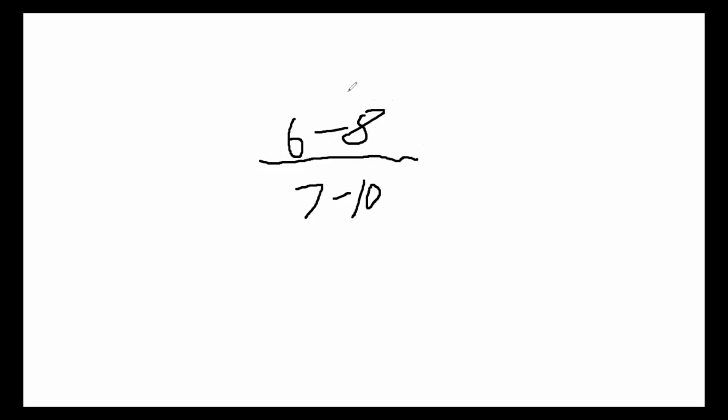Okay, so 6 minus 8 equals negative 2. 7 minus 10 equals negative 3. So now, because the two negatives cancel each other out, that just becomes 2 thirds.